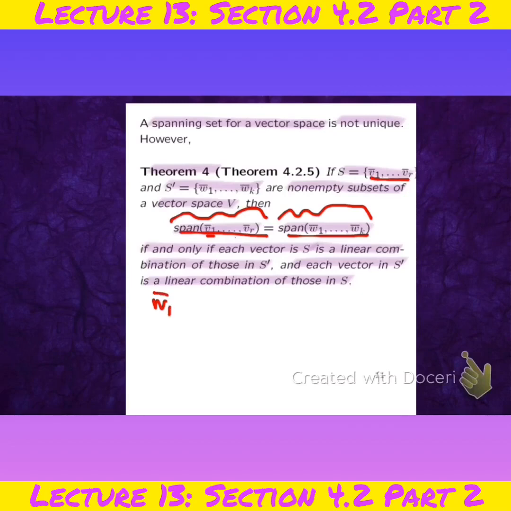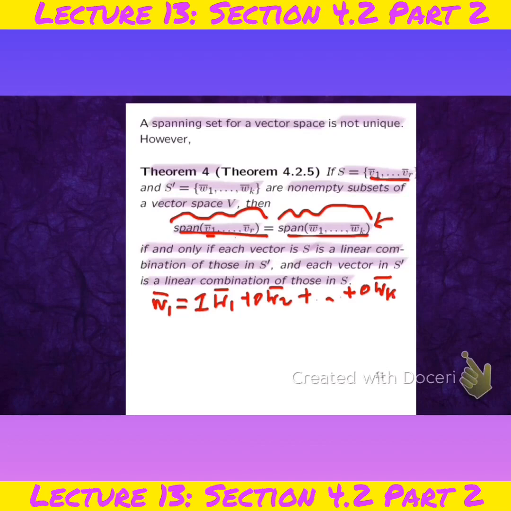W1 is clearly in the span of S', because you can write W1 as 1 times W1 plus 0 times W2, up until the end, 0 times WK.